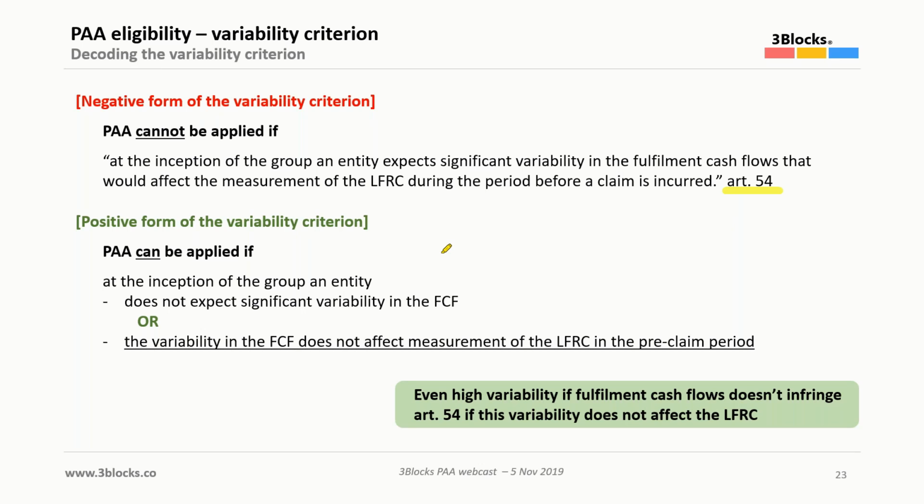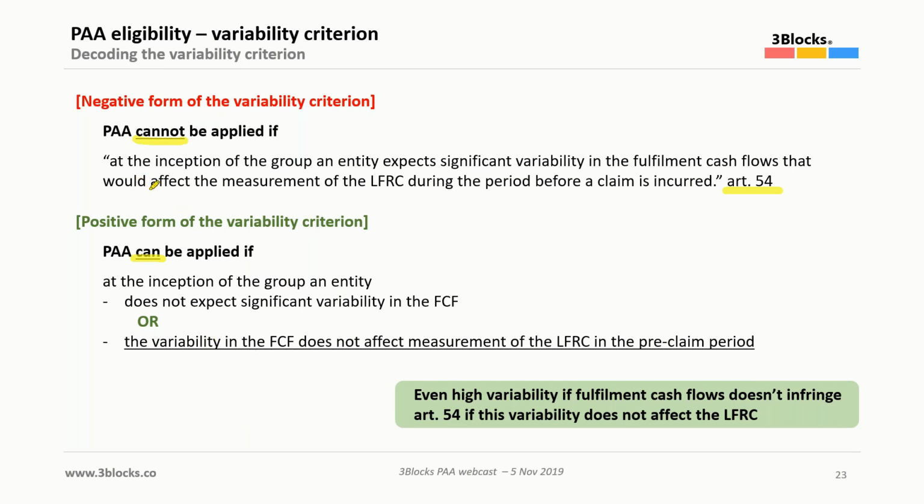We can rephrase this criterion in positive terms. So the PAA can be applied if at the inception of the group an entity does not expect significant variability in the fulfillment cash flows, or the variability in fulfillment cash flows doesn't affect the measurement of the LRFC in the pre-claim period.